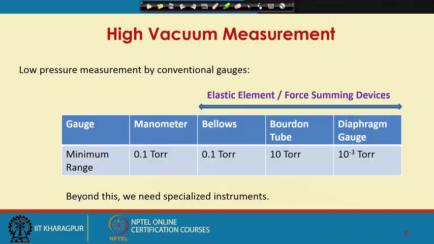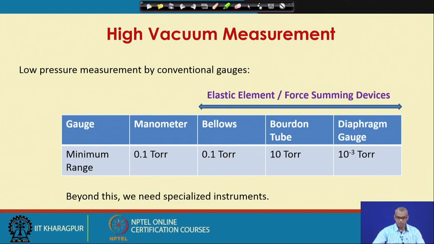Now, Bourdon tubes, bellows and diaphragm gauges are primarily meant for measurement of moderate pressures, but they can also be used for measurement of low pressures. But they are not suitable for measurement of very low pressure or high vacuum. If you look at an indicative range, a manometer can measure up to 0.1 torr in the minimum range.